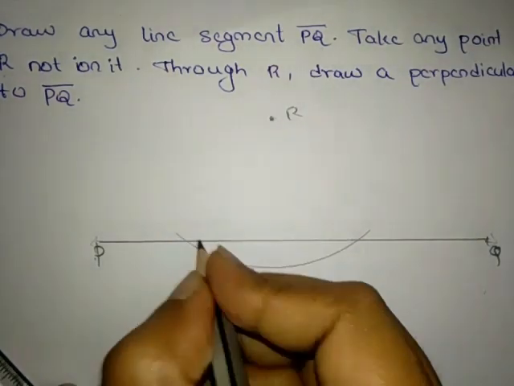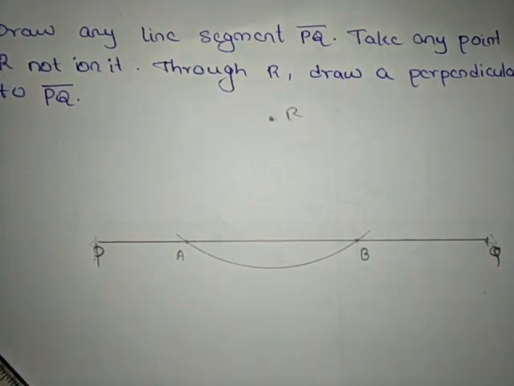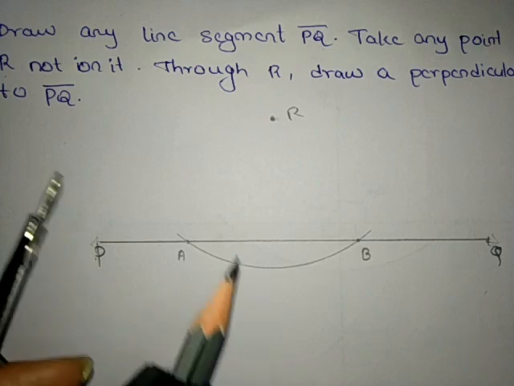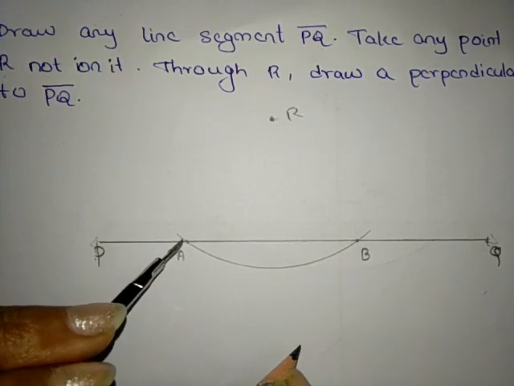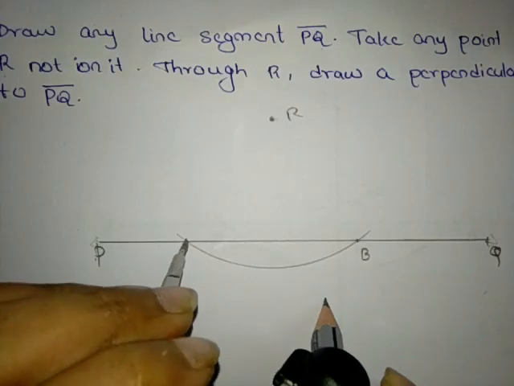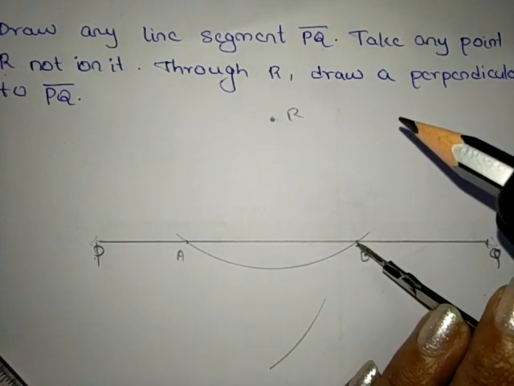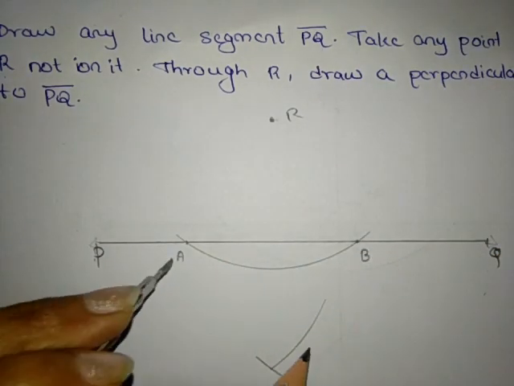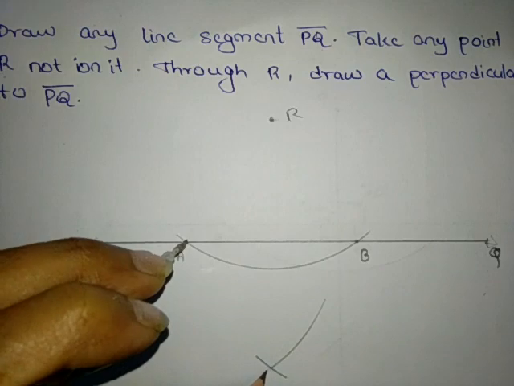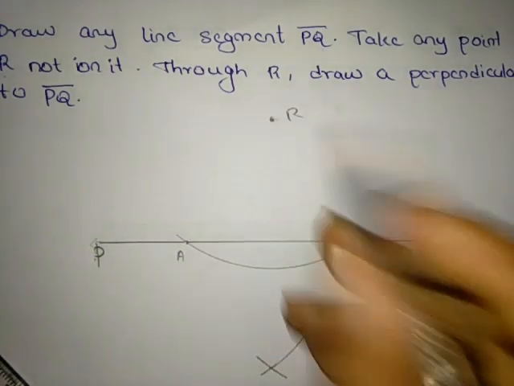Now we'll name this point A and this point B. Now without disturbing the compass, keeping on the point A, again we take an arc. Then similarly, keeping on the point B, again we take an arc. Then we'll join this point and point R.